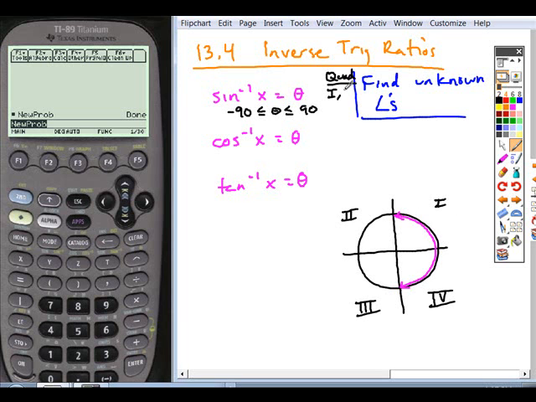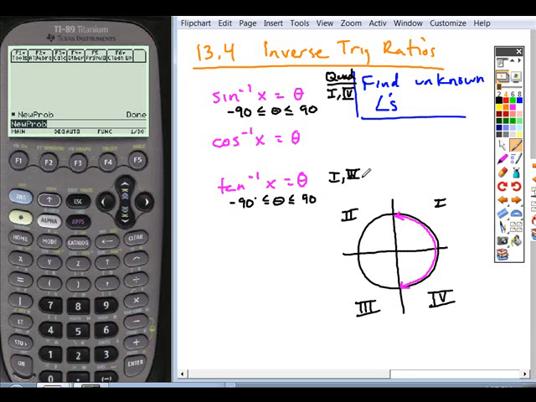Those are the quadrants that the inverse sine will give you. What about the inverse tangent? That's the same set, from negative 90 degrees to 90 degrees, so again quadrants 1 and 4.